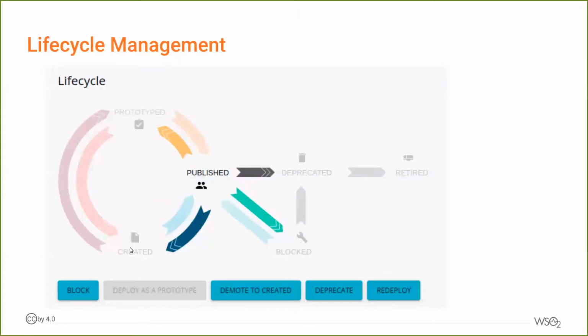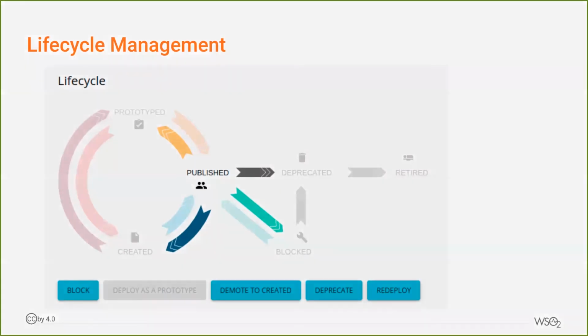They are the created state, where you have the API available in the publisher, and the prototype state, where you can use it for early promotions and testing. And there's the published state, where it is readily available for consumers in the developer portal, and 3 other states: deprecated, retired, and blocked.